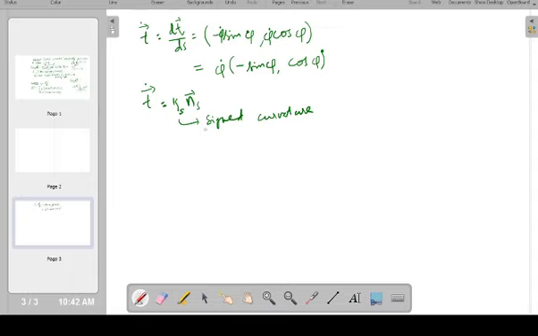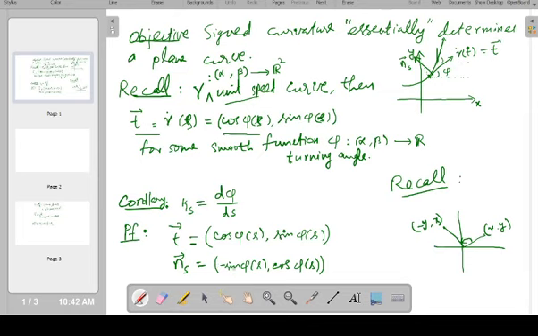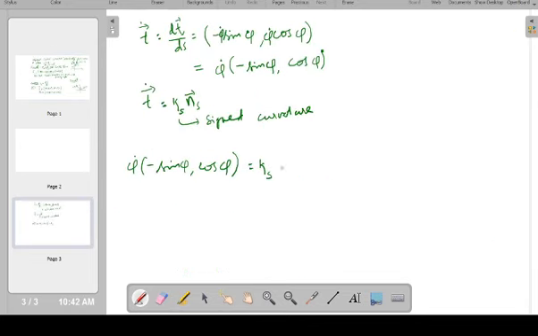Let us substitute for T dot and Ns. So phi dot into minus sin phi comma cosine phi is equal to kappa s into vector Ns. Vector Ns was here: minus sin phi of s, cos phi of s. So minus sin phi comma cos phi.